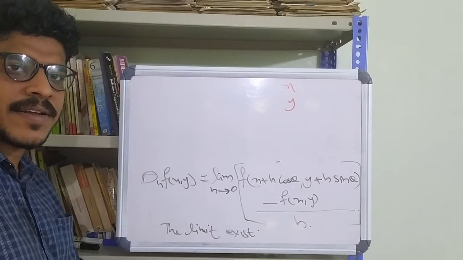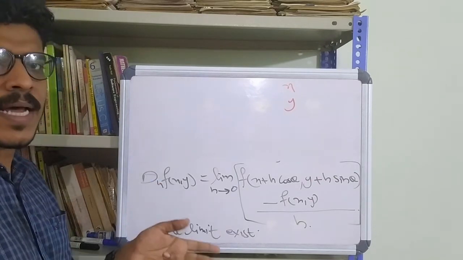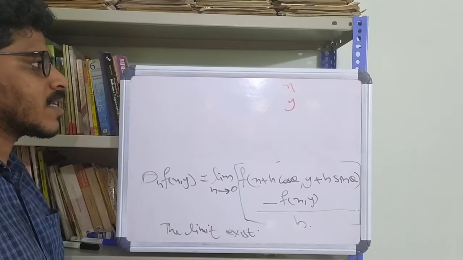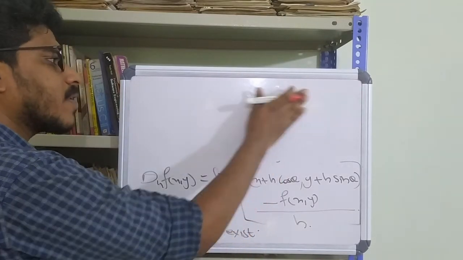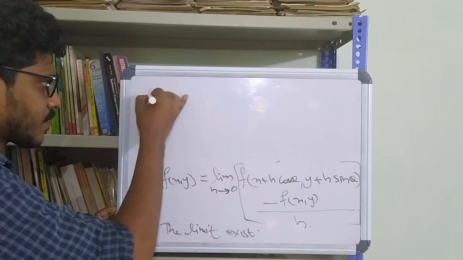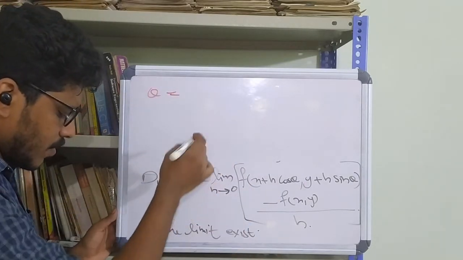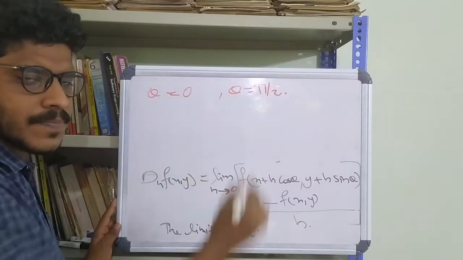What is the unit vector in the direction of x, and what is the unit vector in the direction of y? Let's analyze two special cases where theta equal to 0 and theta equal to pi by 2.